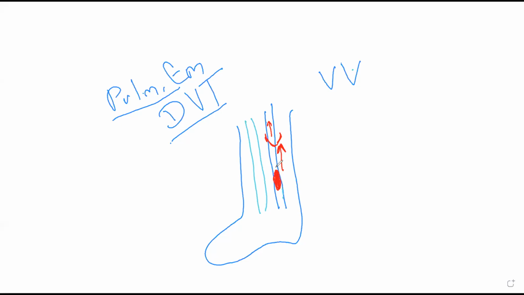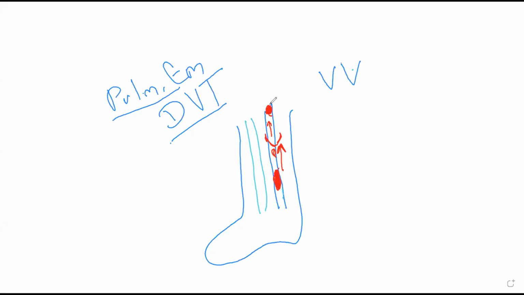So these will form clots. The blood will accumulate together and then pieces of this clot can break off. These are not normal blood cells. These are blood cells accumulating together, forming a large clot.